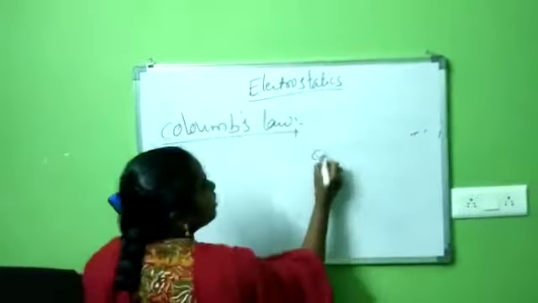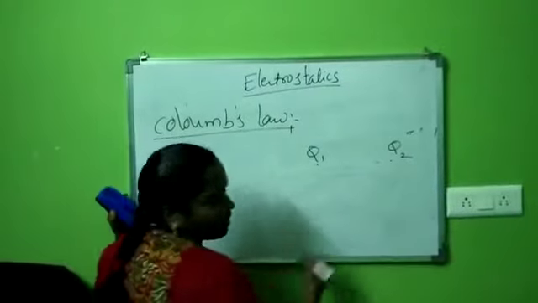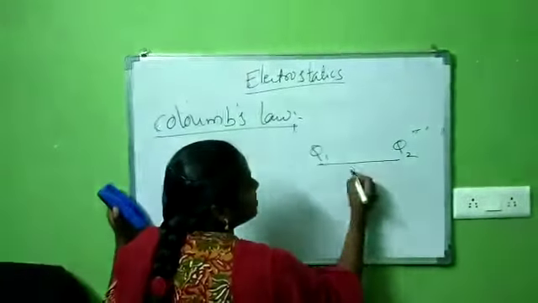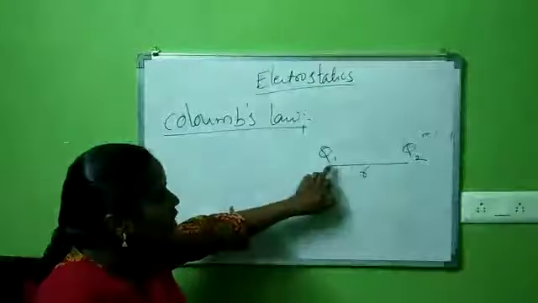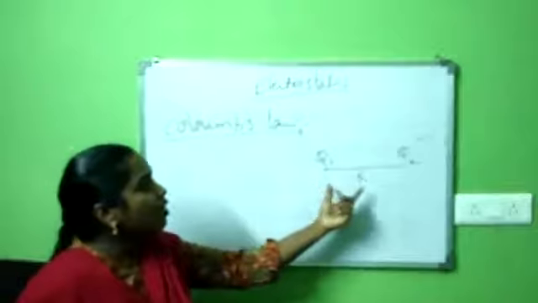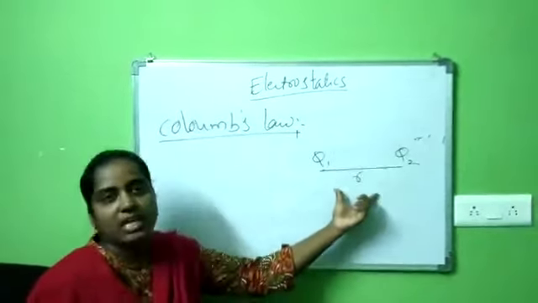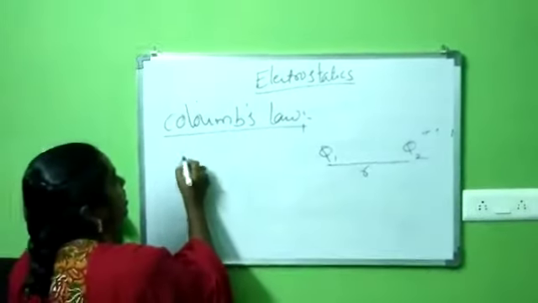Suppose you are considering two charged particles, Q1 and Q2, point charge particles, separated by a distance of small r. Then what is the force on Q1 because of Q2, or on Q2 because of Q1, or what is the force in between these two charges? That will be calculated by Coulomb's law equation.